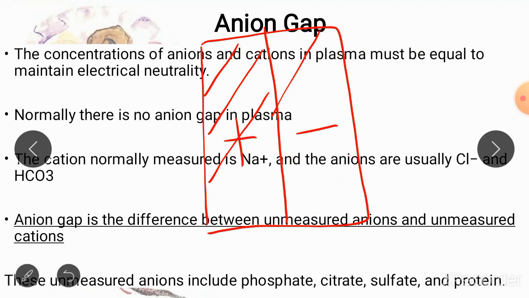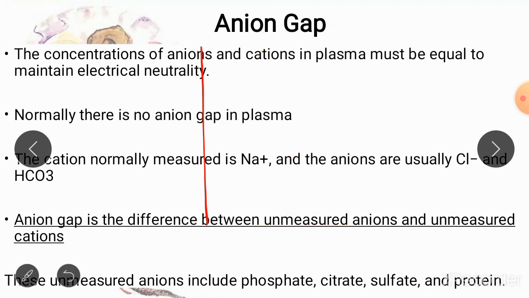So let us determine what is meant by anion gap and how it helps you in determining different types of diseases and disorders. Normally, the positive ions which are measured in your plasma are mostly sodium and potassium, and as you already know, potassium is present in very minute, negligible quantities in your plasma, so we can ignore it right now.